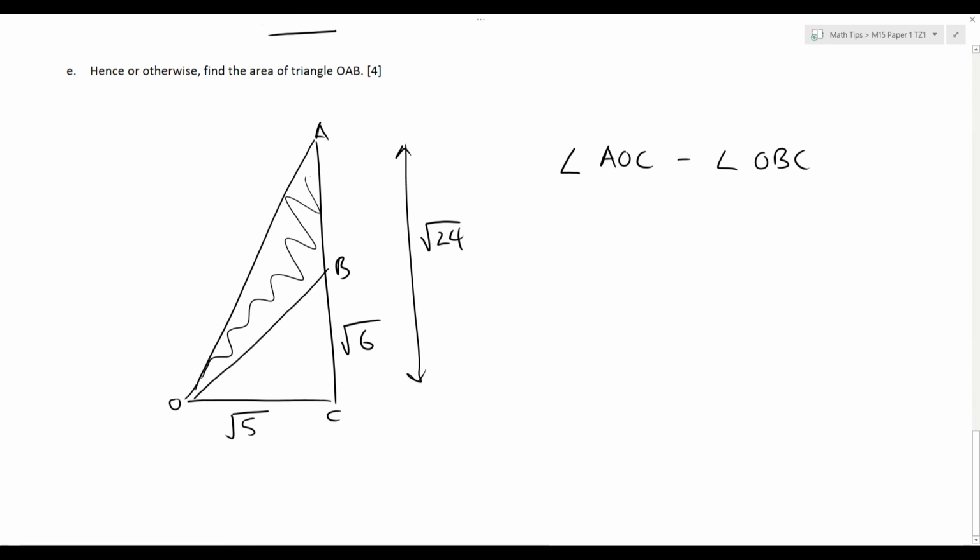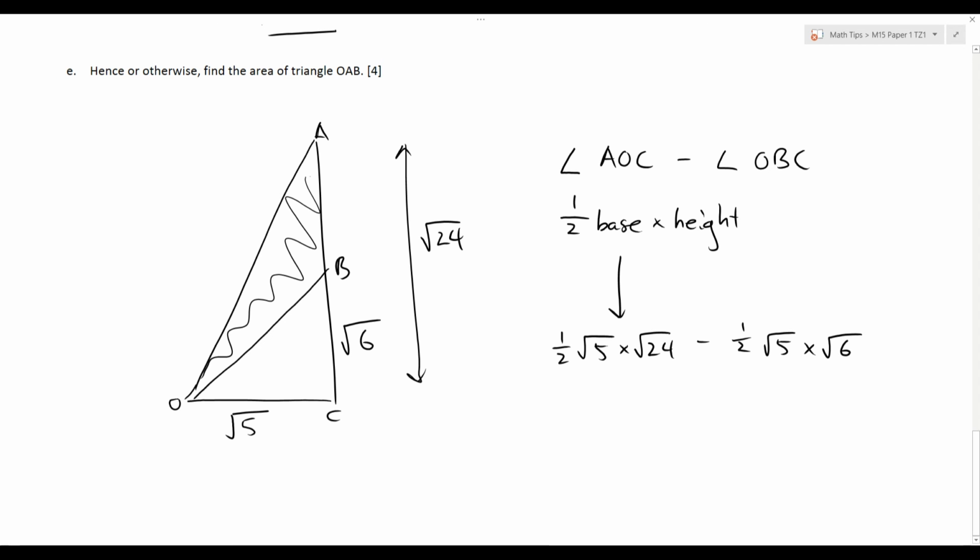The equation for a triangle is half base times height. So OAC is going to be half root 5 times root 24, and OBC is half root 5 times root 6.